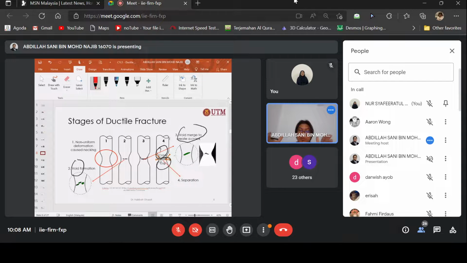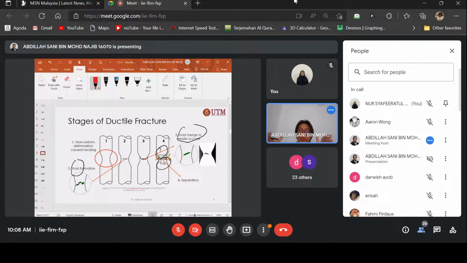And another important feature that you need to state when you are describing the ductile fracture is the dimples. Okay, so you need to mention the word dimples when you are describing ductile fracture.